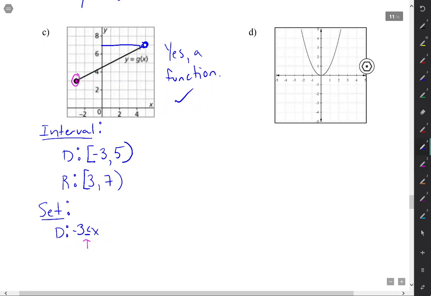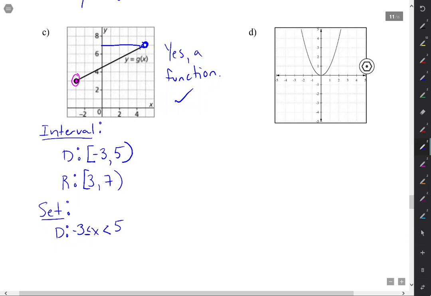So -3 is less than or equal to x, which is less than 5. This side of it does not have the equal to symbol, and that's because it's not equal to 5. It's just going to be less than 5. So how this is reading is that x is smushed in between -3 and 5 for those x values. But you have to be careful which ones you put the equal sign on and which ones you don't.